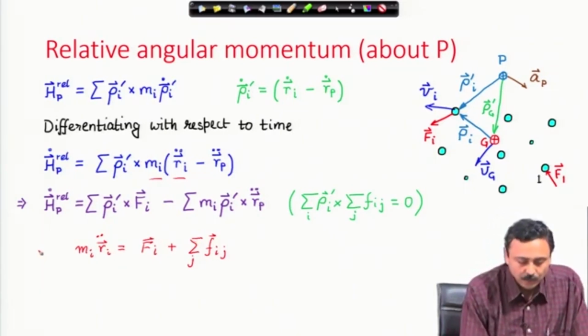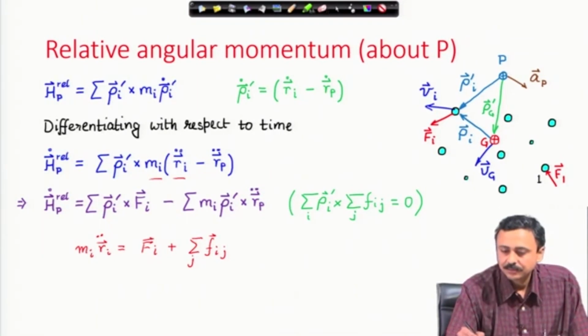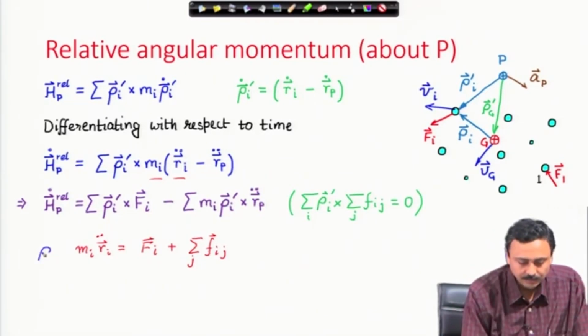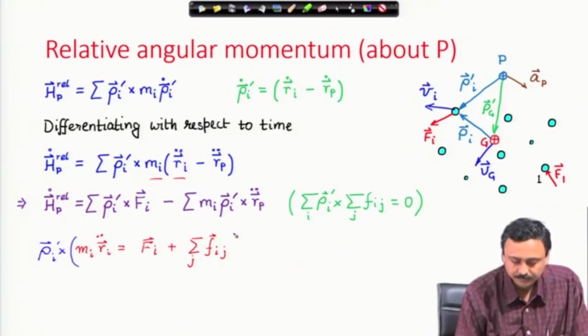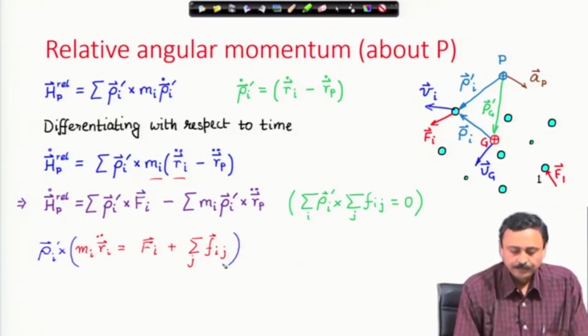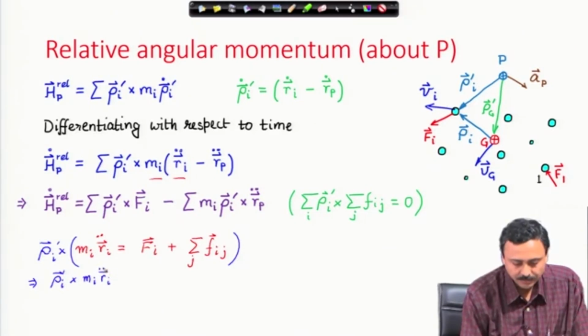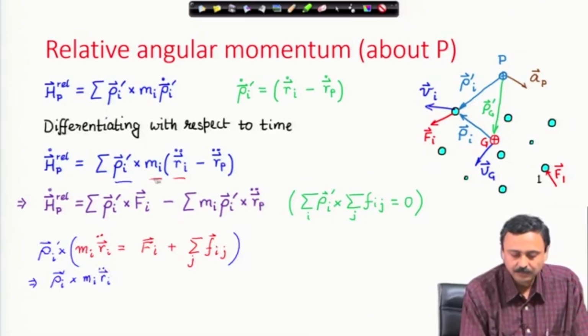Now, if I do a cross product of this with rho_i prime, then the first term is nothing but what we have obtained from here.